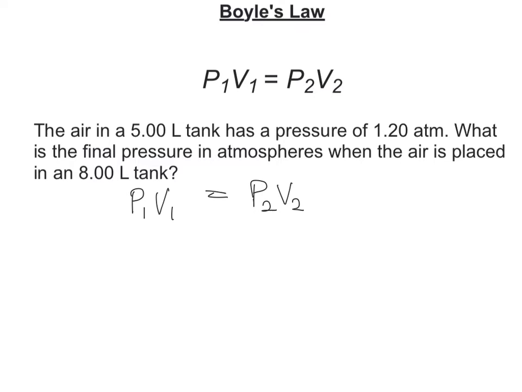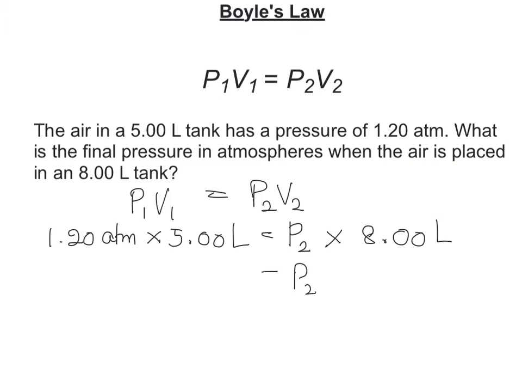The starting pressure is 1.20 atm and the starting volume is 5.00 liters. The final pressure P2 is what we have to find, and the final volume is 8.00.